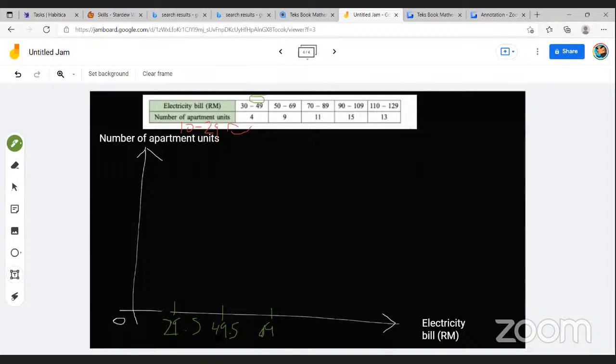This one will be 29.5, 49.5, 69.5, and you keep going: 89.5, 109.5, 129.5.